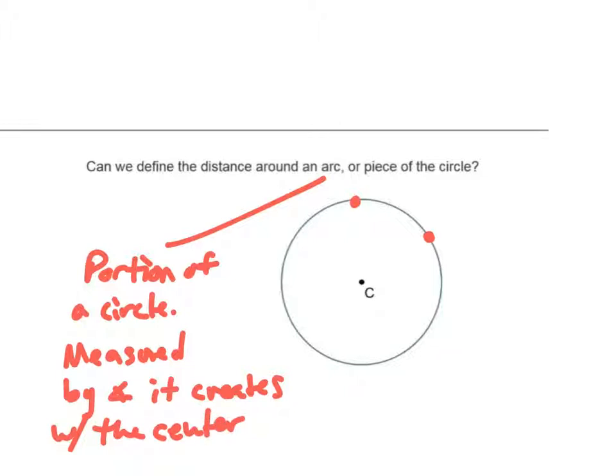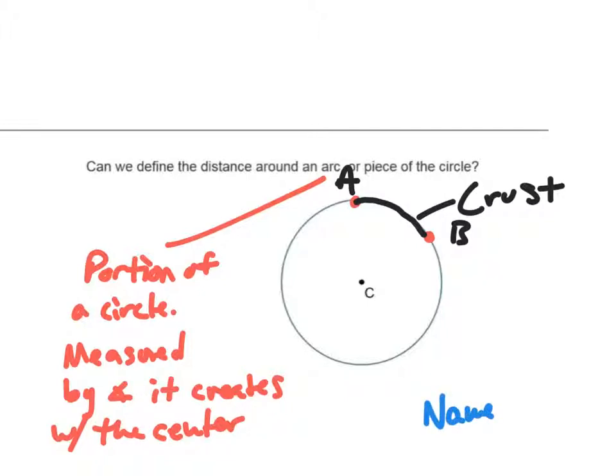So let's say that I took this point here, point A, and I called this point B. What we have here is this arc, this distance from A to B. It's kind of like the crust of a pizza. If I were to name arc AB, I would write A, B, and put an arc above it, like that.